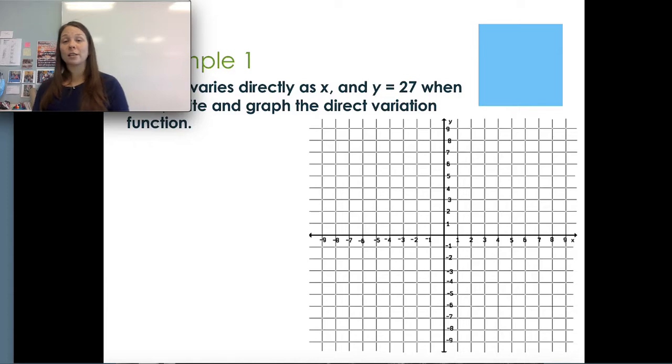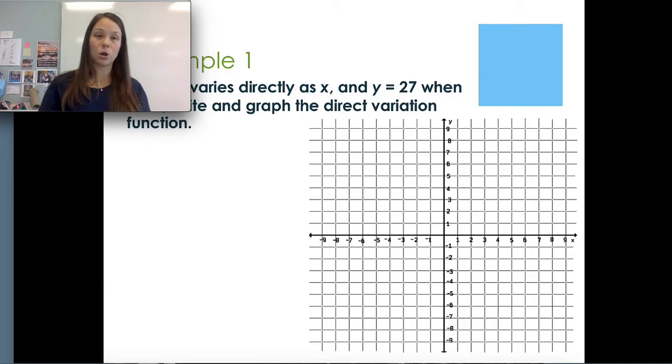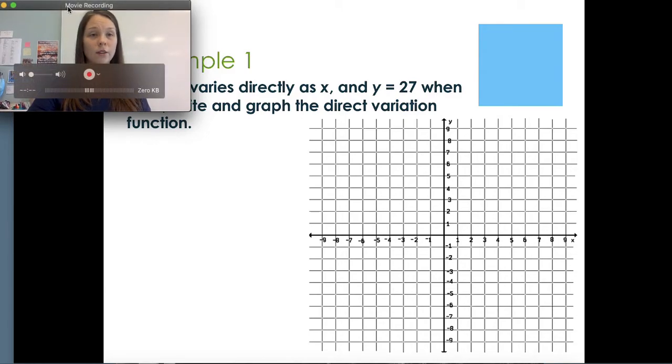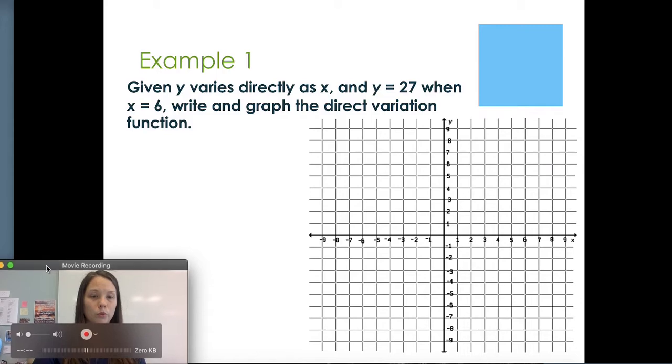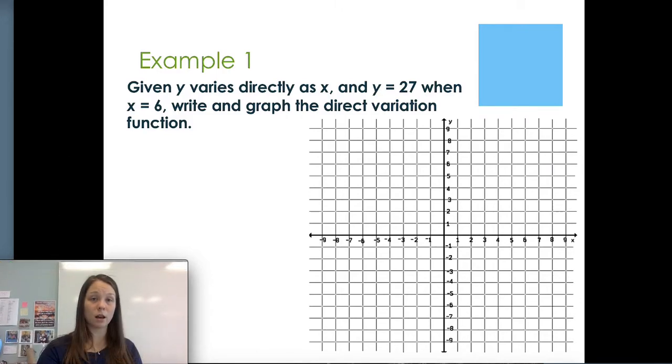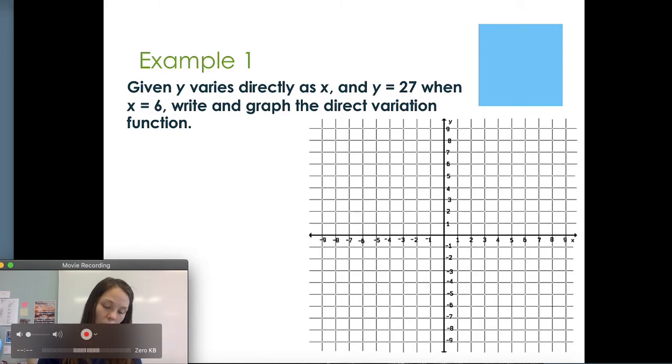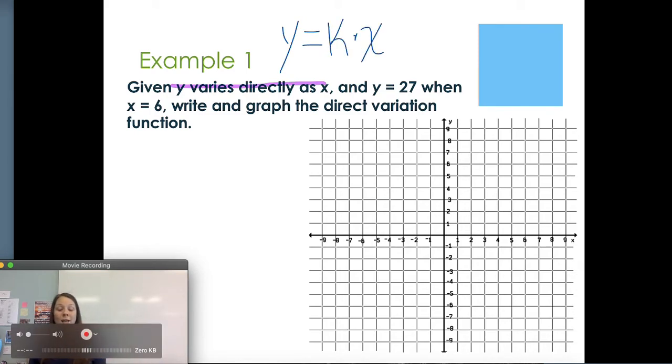So let's put this into practice with example 1. We're given that y varies directly as x. So that means we're dealing with something in the form y equals k times x. We're told that y is equal to 27 when x is equal to 6.